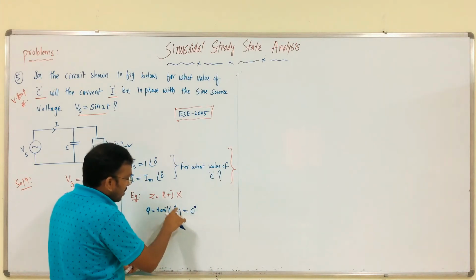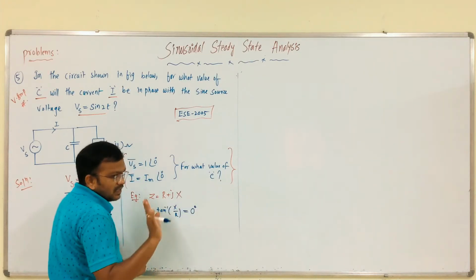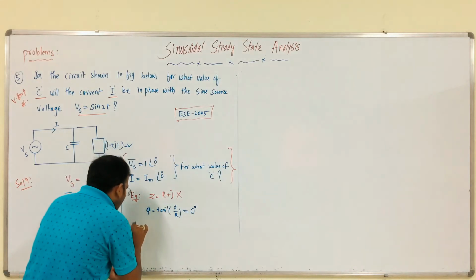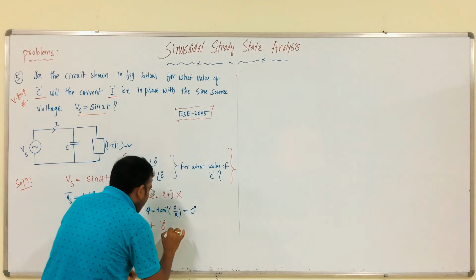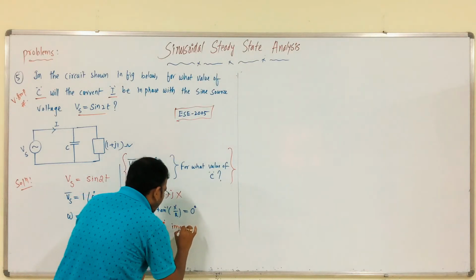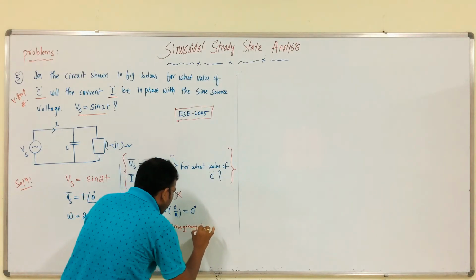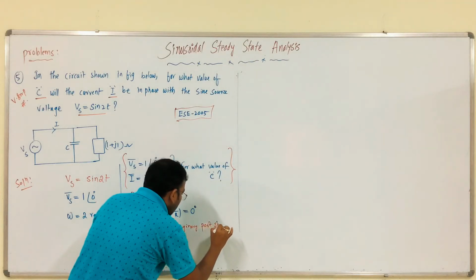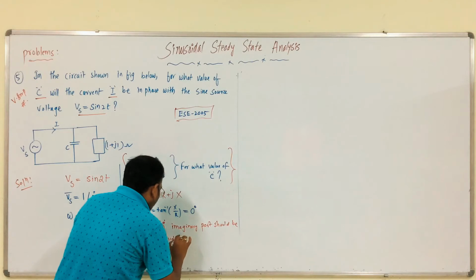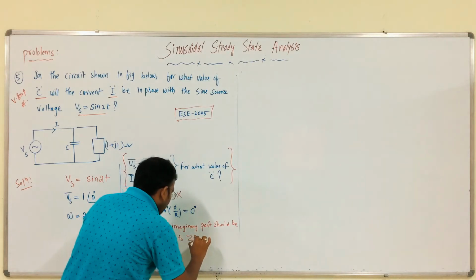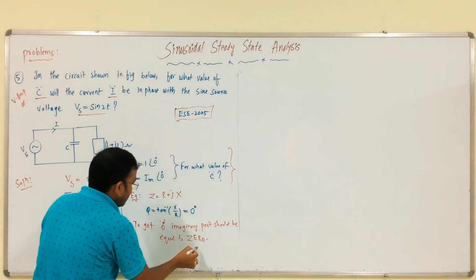To get 0 degrees, X should be 0. That is, to get 0 degrees, the imaginary part should be equal to 0. This is a very important observation, right?